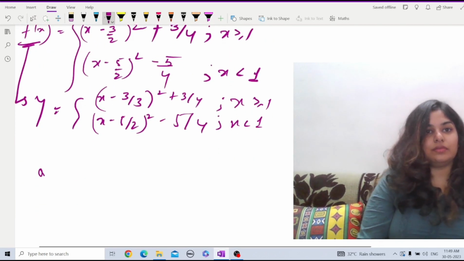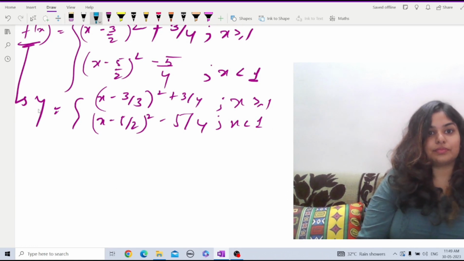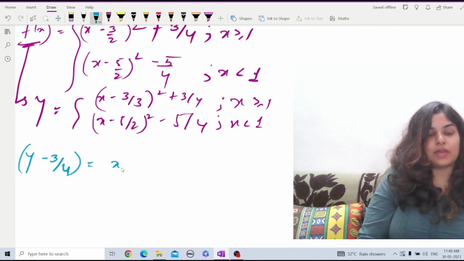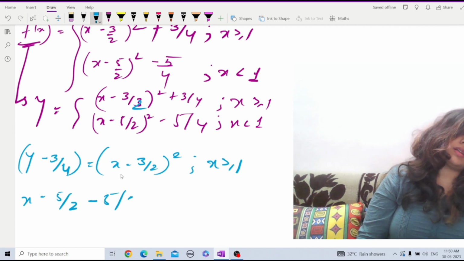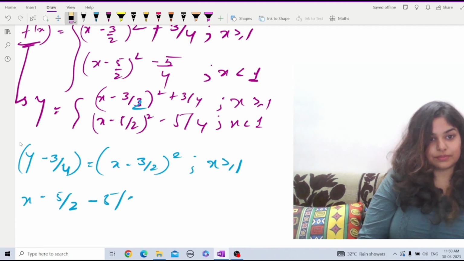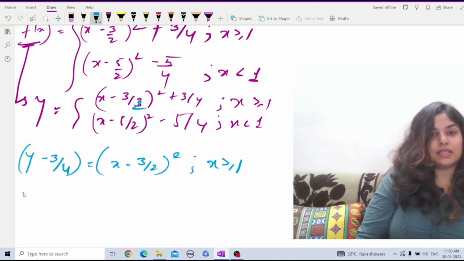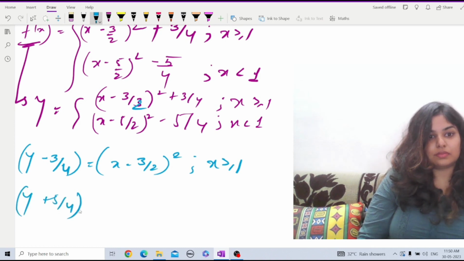So that means here we can write down y minus 3 by 4 is equals to (x minus 3 by 2) whole square for x greater than equals to 1, and, sorry, this is y plus 5 by 4 is equals to (x minus 5 by 2) whole square for x less than 1.